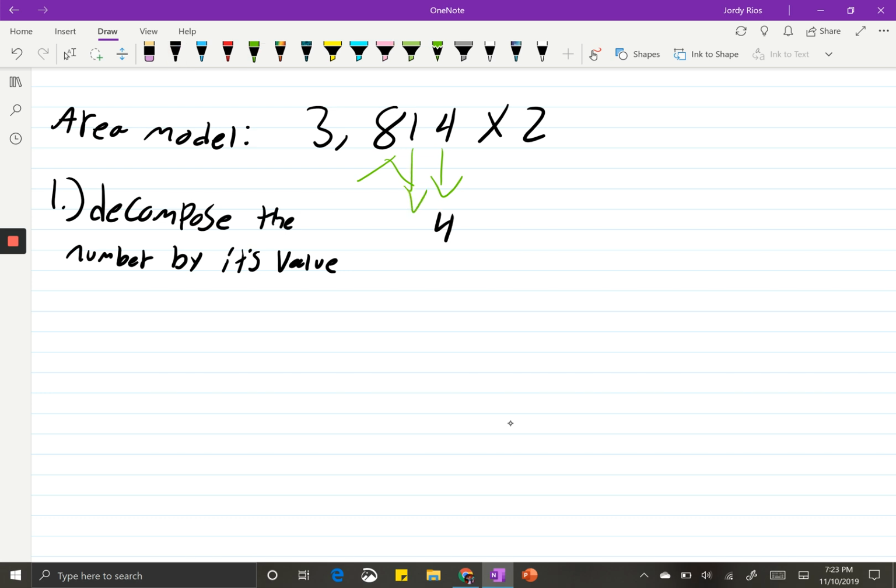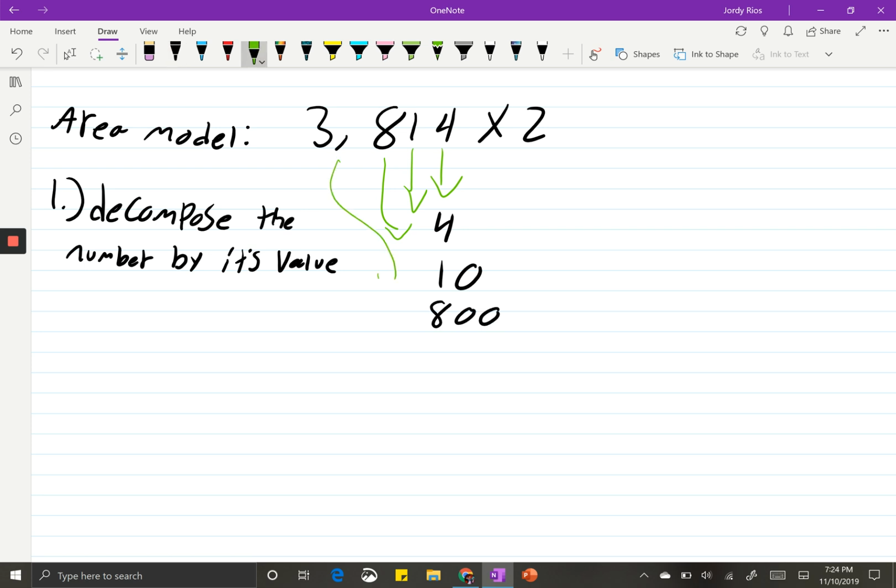This number, okay, number 1 is in the place value of tens, therefore the value of 1 is 10. Okay, then 8 is in the place value of hundreds, so my value is going to be 800.